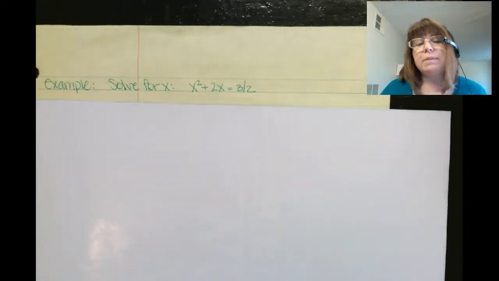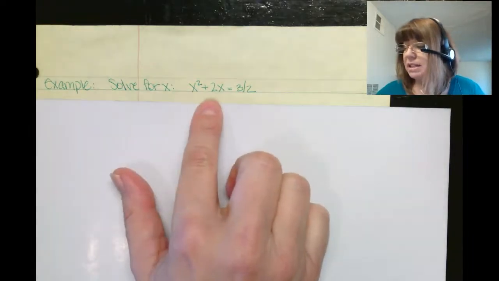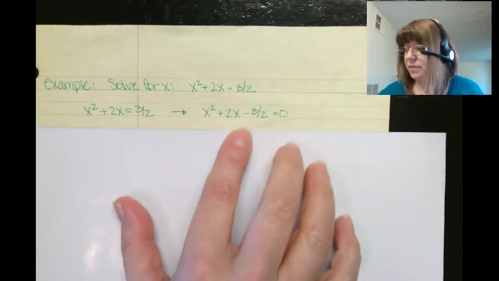Now the previous examples were pretty simple and we could have used other techniques to solve for our variable. But when you start working with fractions or decimals, it becomes a little bit harder and the quadratic formula really comes in handy. x squared plus 2x equals 3 halves.